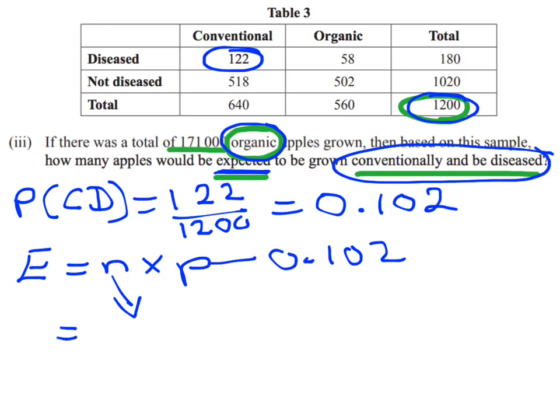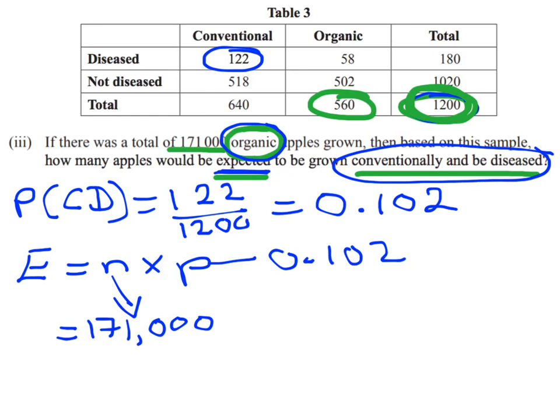I know that there are 171,000 organic apples. To estimate how many there would be in total, I can look at my sample: I have 1,200 apples in total, and from that 1,200, 560 of them are organic.